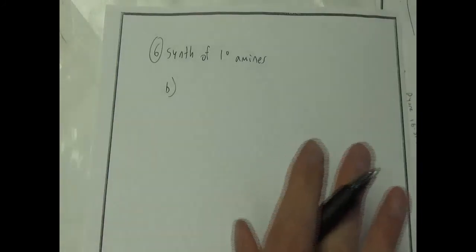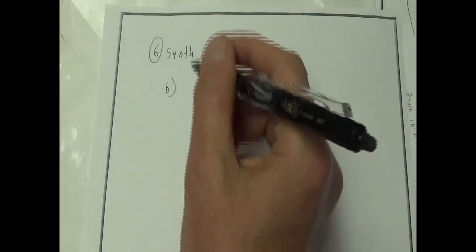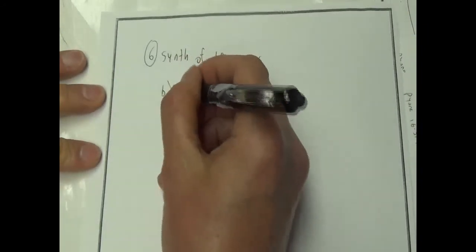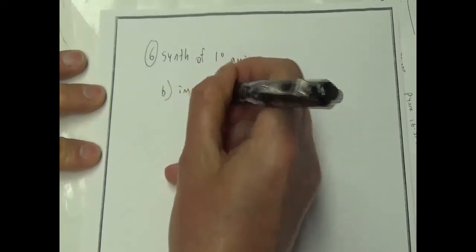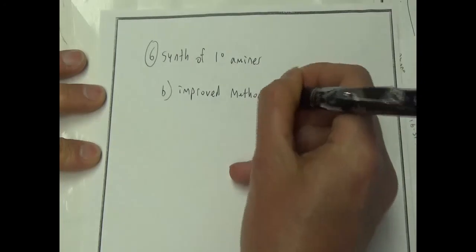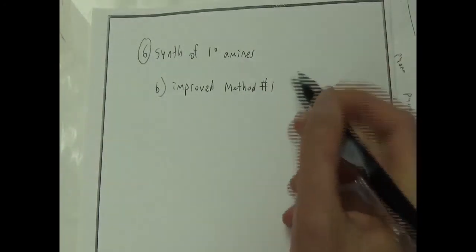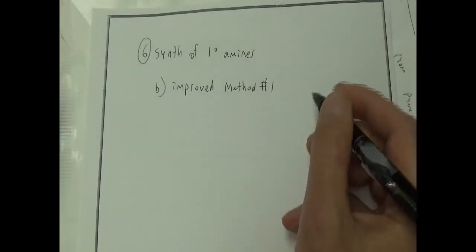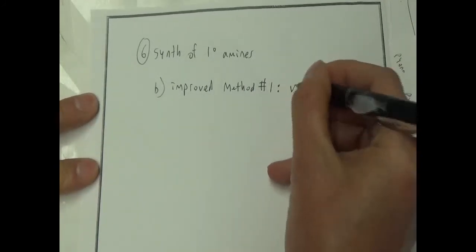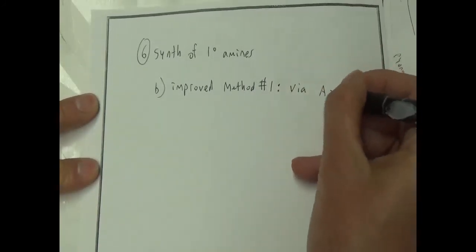Okay, so I'm just going to show one of the improved methods real quick that avoids this whole problem. We'll talk about mechanism and stuff next time. But this is improved method number 1. We have improved method number 1 and improved method number 2. We'll do number 2 next time. So number 1 is going to be using azide.